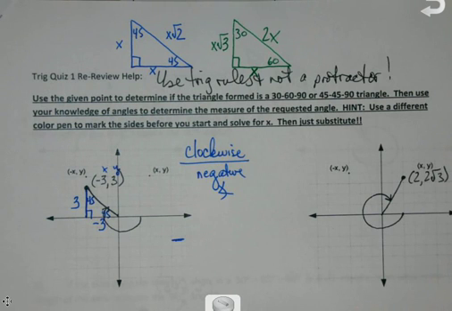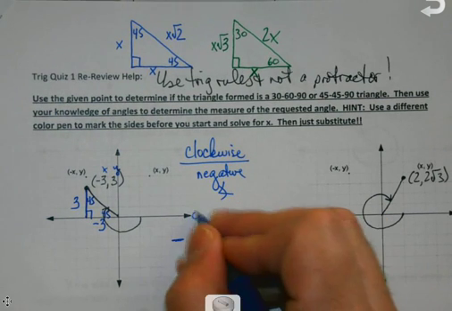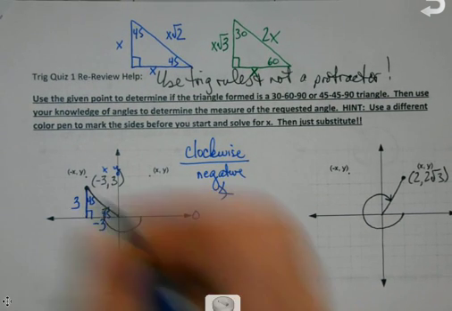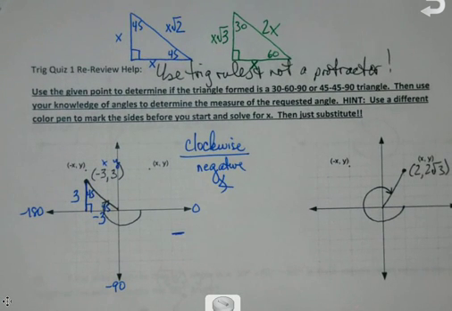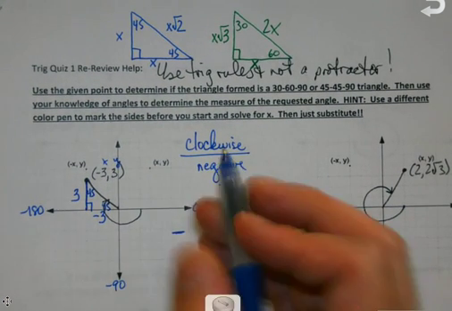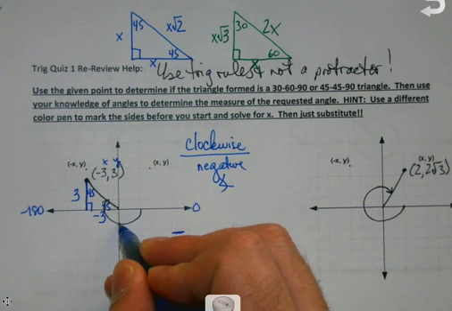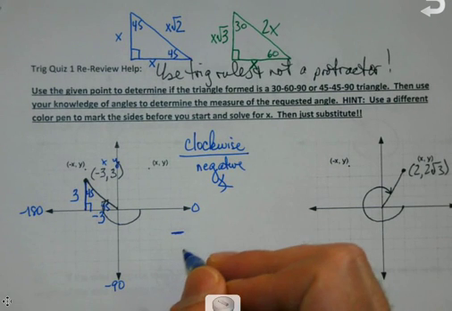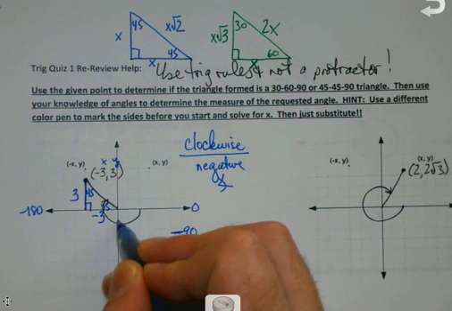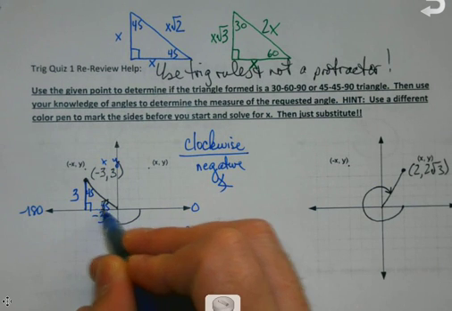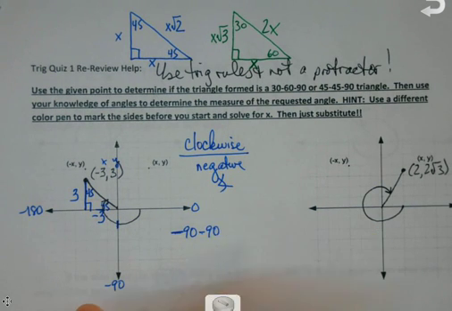What else? Well, I also know if I label my axes as I'm going through clockwise, I notice I go past the 90. So far here I've got -90. And then I come up and I got another -90, or I could have just said -180, I guess.